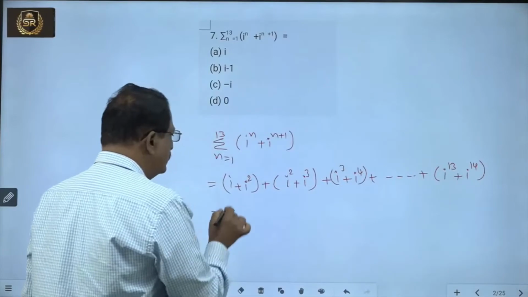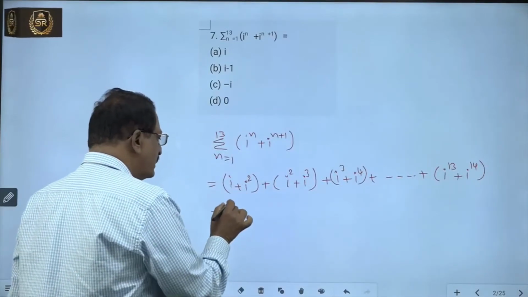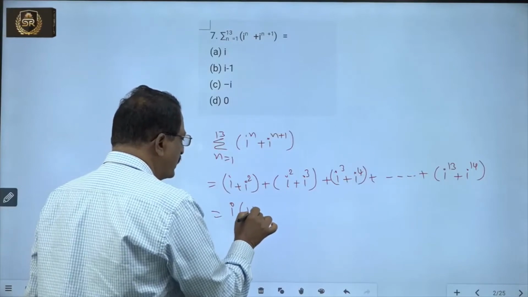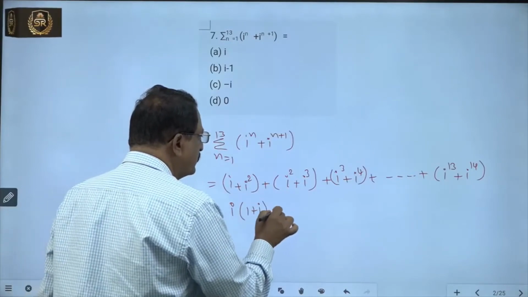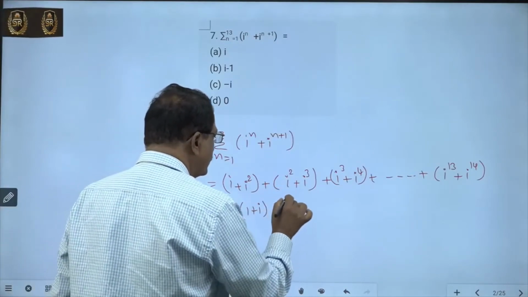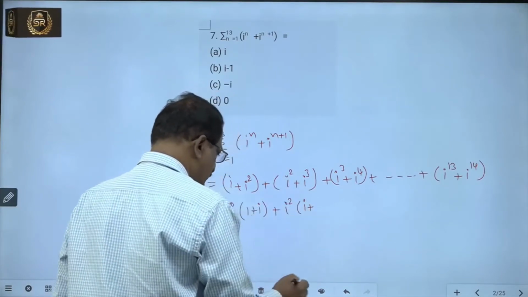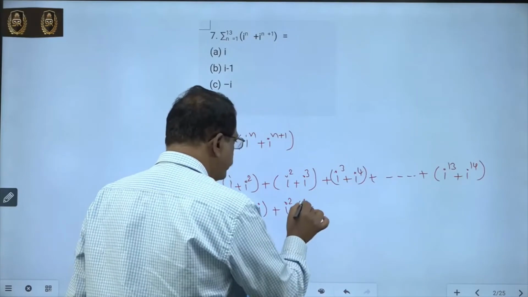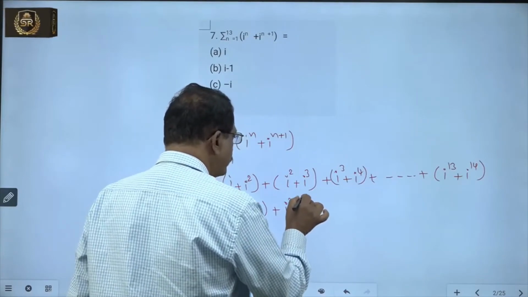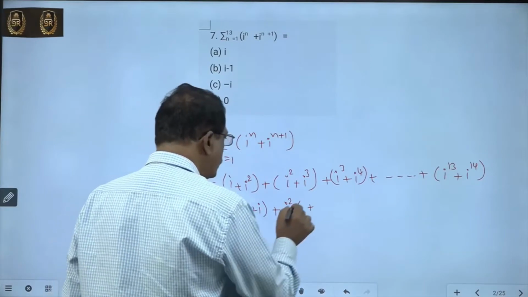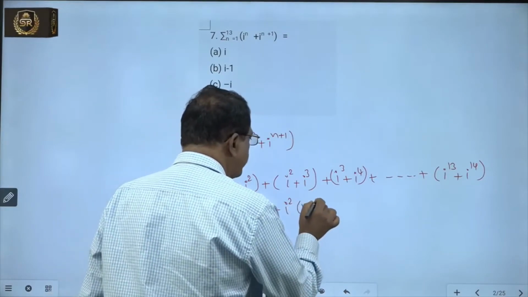Now in this, we take i common: i into (1 plus i). Then in the next term, i square, take i common: i into (1 plus i).